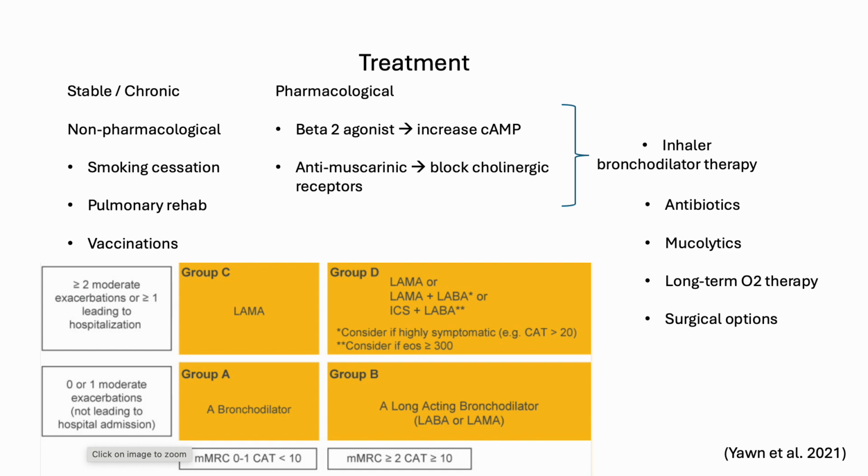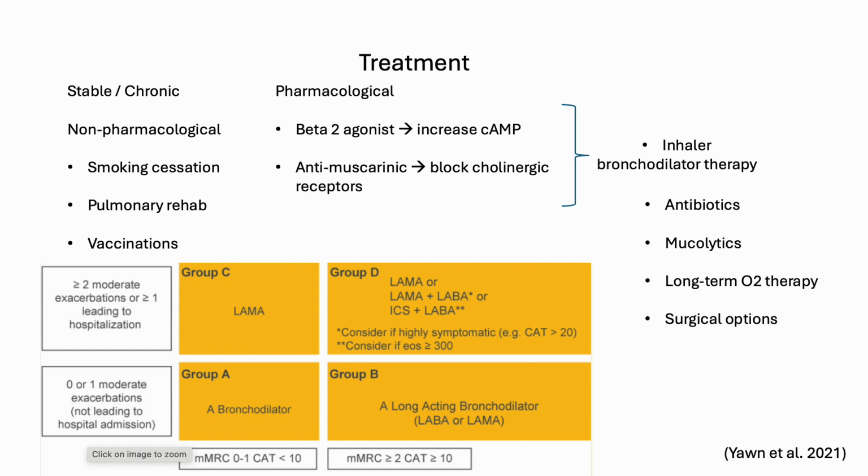Group B uses LABAs and LAMAs, while Group C uses monotherapy, and Group D uses a combination of LAMA and LABA with a potential inhaled corticosteroid if it is indicated through a history of asthma or multiple exacerbations. Depending on the response to therapies, patients can be stepped up through GOLD categories, and if there are ongoing exacerbations on triple therapy, a prophylactic antibiotic can be added.